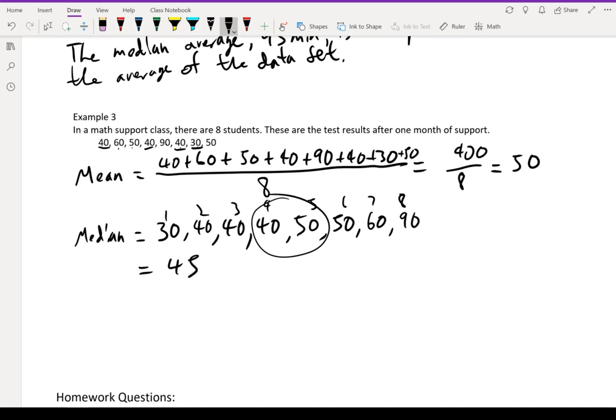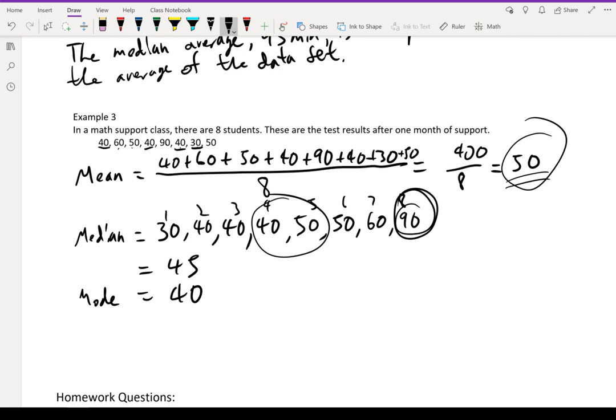Then the mode is the number that occurs the most, which is 40. When we look at it, the mean appears to be higher than the rest. Why is the mean higher? It is because this smart person over here has raised the whole average of the class.